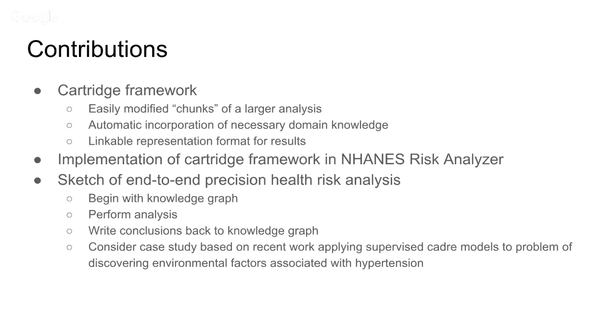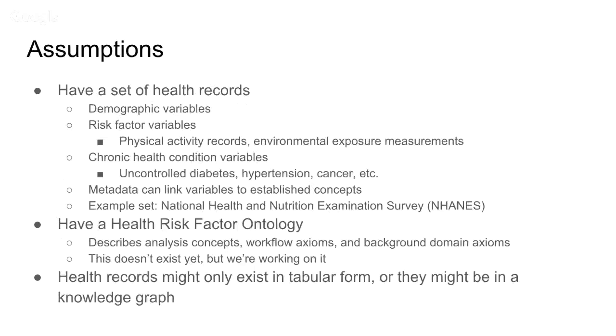After that, I'm going to sketch out an example of an end-to-end precision health risk analysis, in the sense that you start with the initial knowledge, acquire it into tabular form, do analysis, and then write the results back. You could think of it as a dynamic health analysis that represents the results of a lot of different models. It's a sketched out example, and it's based on an actual research paper, so it's not a toy or anything.